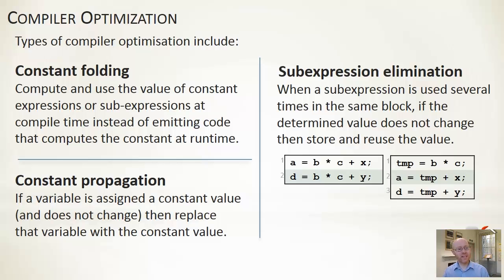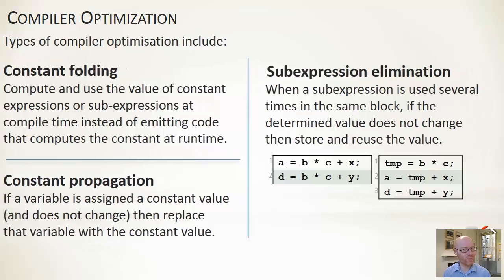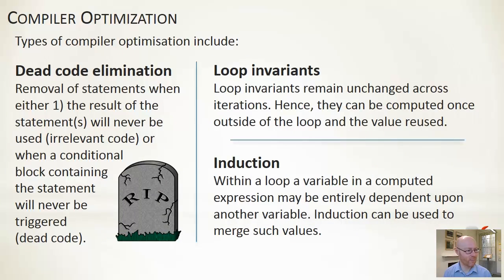A few other things we have here. Dead code elimination, we've seen an example of that in the previous lecture, where if we've worked out that some of the instructions are unnecessary or don't change things or have no meaningful impact or can never be reached, then we can simply trim them out.